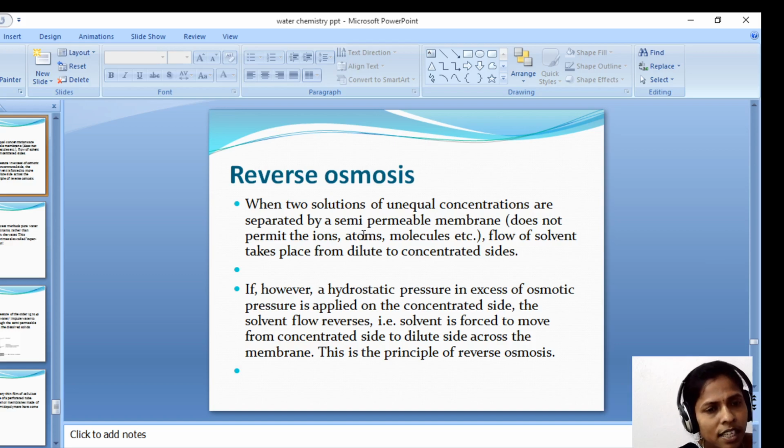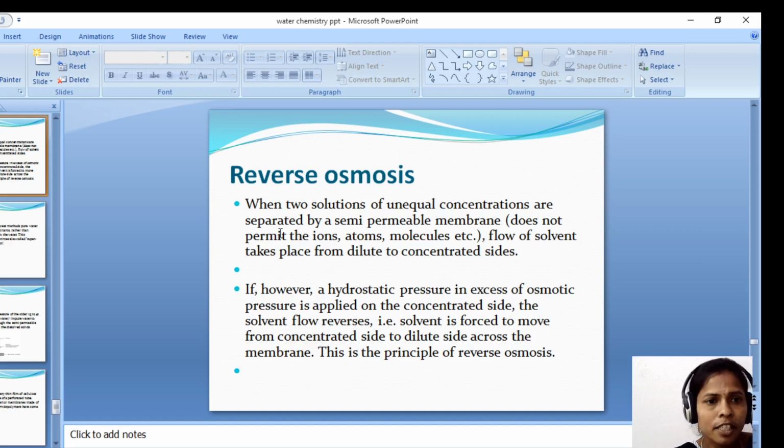Osmosis is a spontaneous process, which is a natural process, whereas the reverse osmosis process is non-spontaneous. A non-spontaneous process is one that is not done by nature; naturally it does not occur. So the reverse osmosis process is non-spontaneous and irreversible.